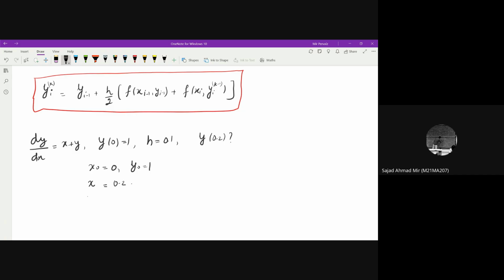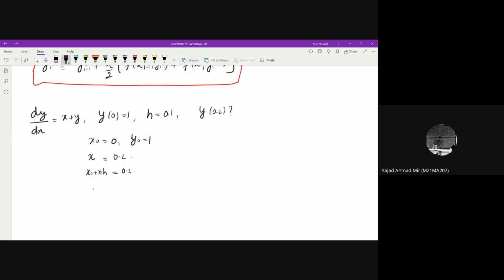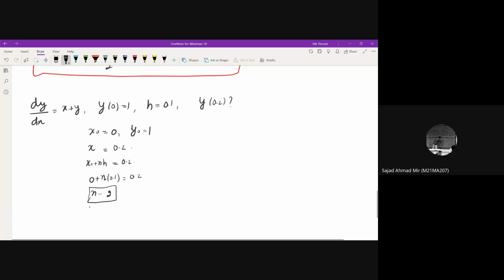This will be x0 plus nh is equal to 0.2. Now x0 is 0 plus n times 0.1, this is 0.2, so n is equal to 2.